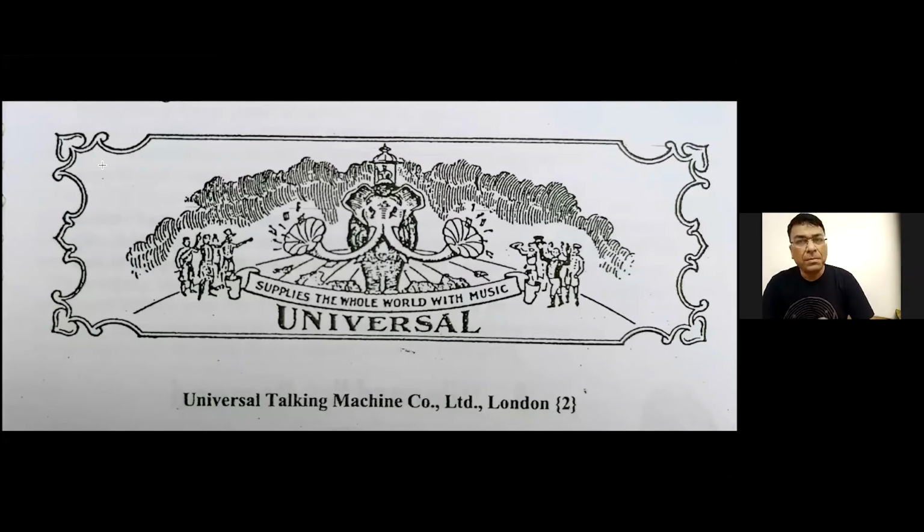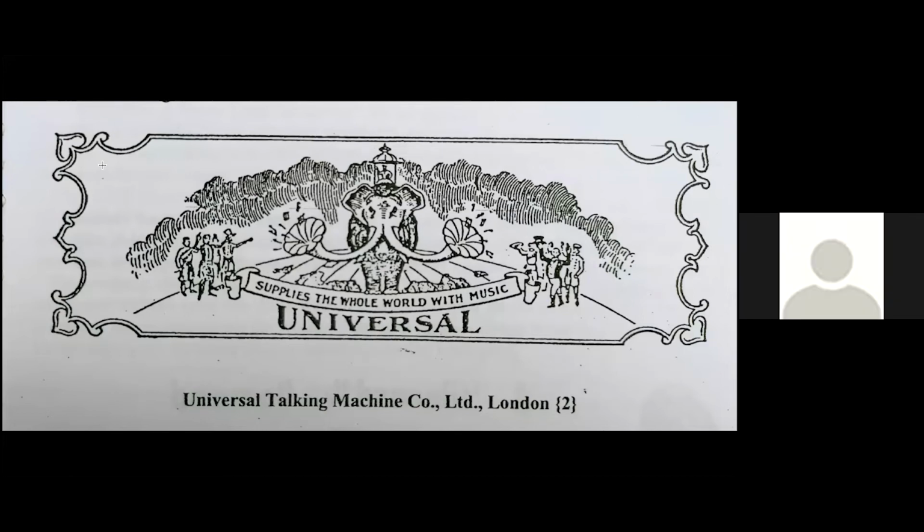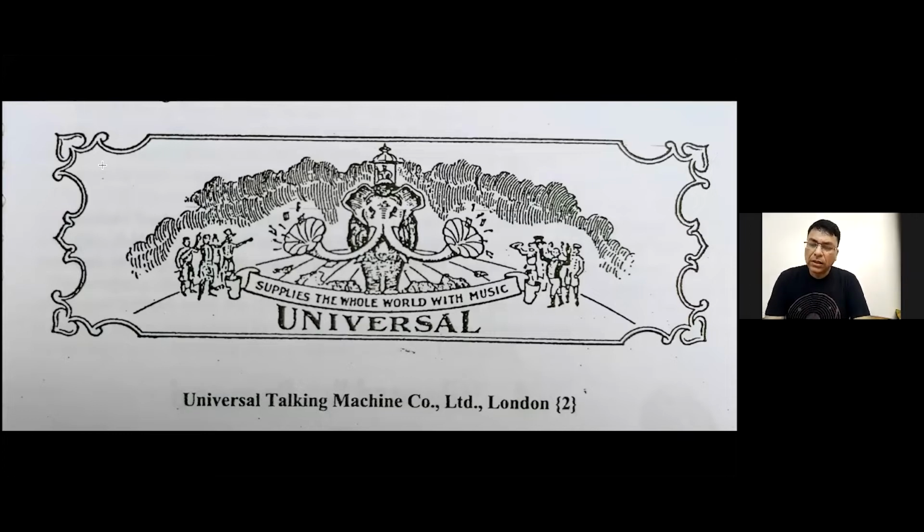I'm going to give you a brief outline of how I'm going to go about today's talk. Having said that we came from wax cylinders and moved on to gramophone records, today's story is about a monopolistic conglomerate and its rivals, in respect to gramophone records of Indian repertoire, with Bombay as the main backdrop.